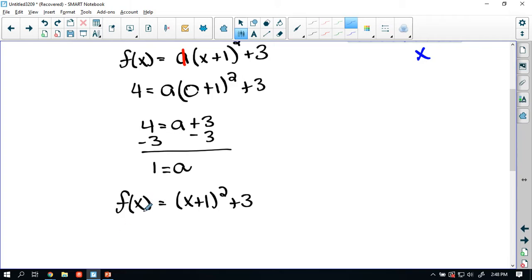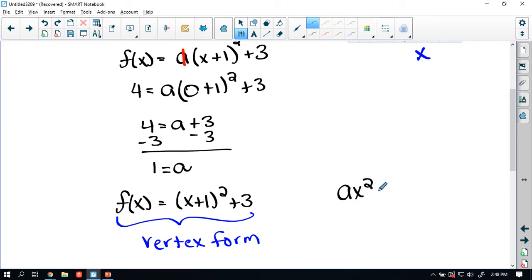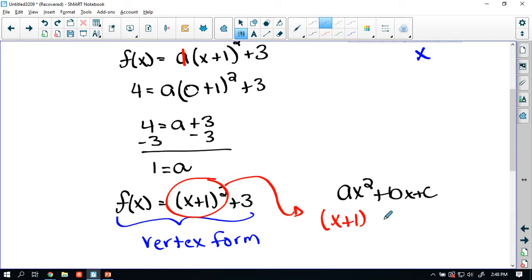Now I want to do standard form, and to do standard form, you're going to need that ax squared plus bx plus c. So what this really means is that you're multiplying the expression by itself. You're multiplying x plus 1 times x plus 1.